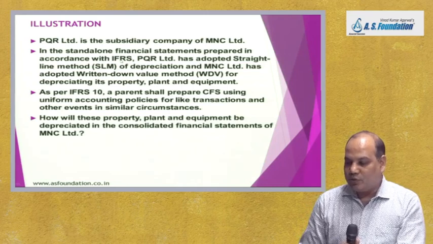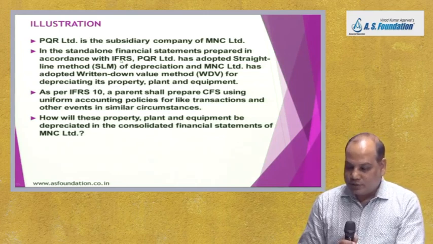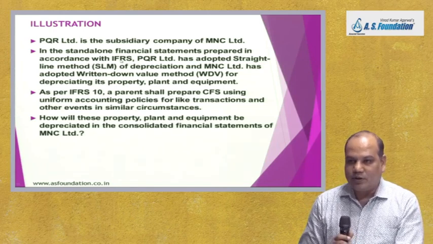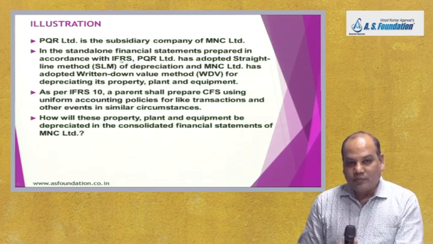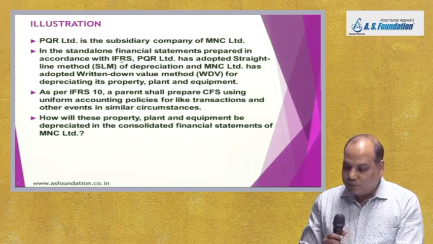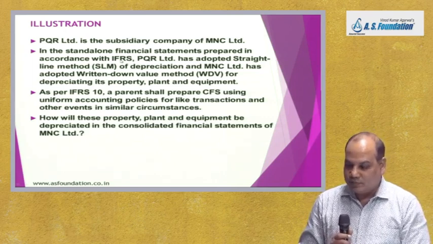So can they follow two different methods of calculating depreciation? Yes. First of all, method of depreciation is an estimate. Next is the standard IAS 16. They have permitted you to follow different methods of depreciation for different classes of asset.